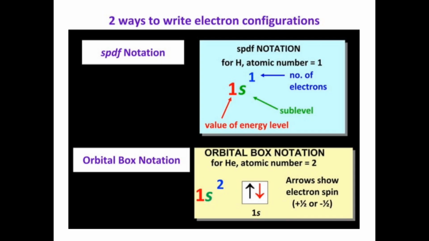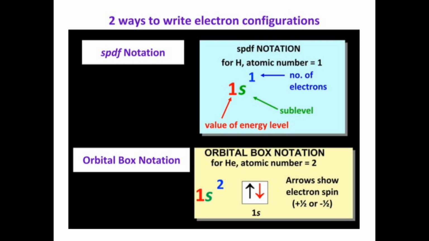Now, having said that, there are two basic ways by which we write electronic configurations. Although we have a third way, which will be discussed later on, just as an addition to this video. Basically, we have the SPDF notation. The SPDF notation is a subshell notation, and of course, S means sharp, P means principal, D means diffuse, and F means fundamental. They are subshell notations.